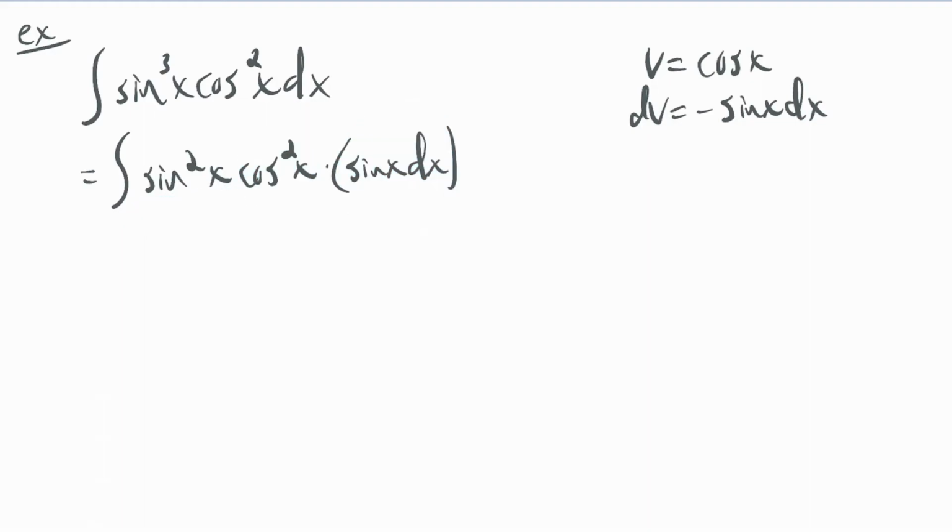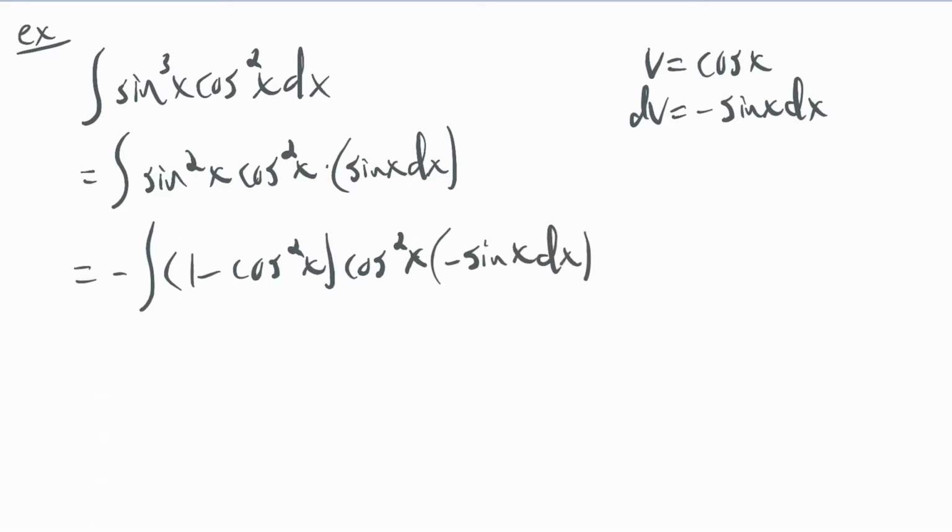So this is going to be negative because I'm borrowing a minus sign to put with dv: negative 1 minus cosine squared x, that's the Pythagorean identity, times cosine squared x times negative sine x dx.